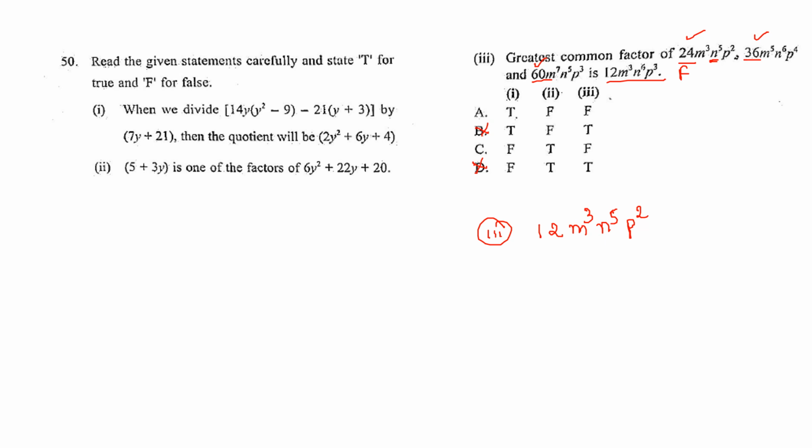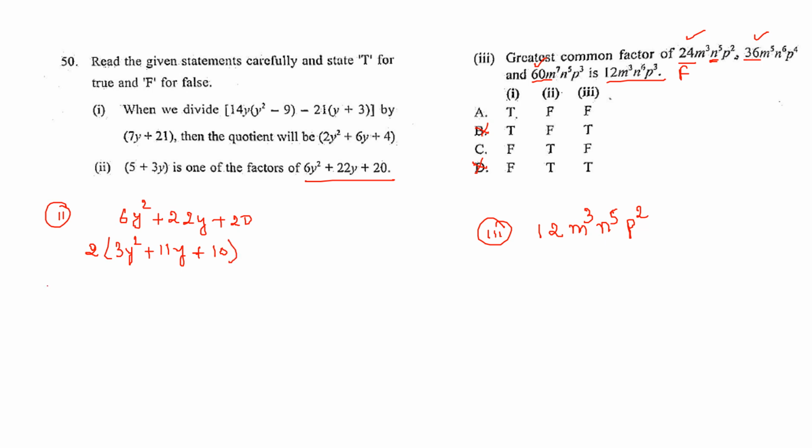So from here, the second part, 5 plus 3y is one of the factors of this. So let's do the factorization. 6y square plus 22y plus 20. First of all, I am going to take 2 common. So it will become 3y square plus 11y plus 10.